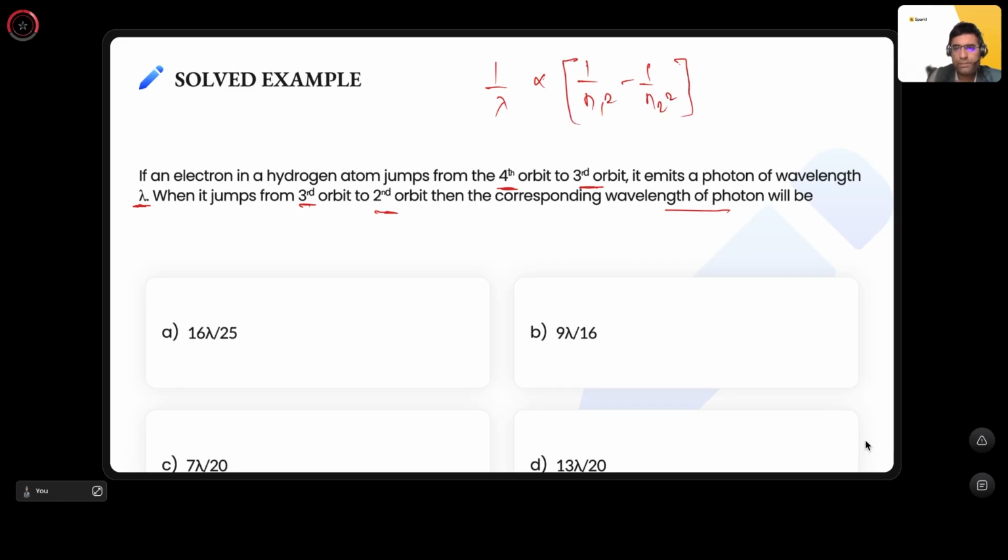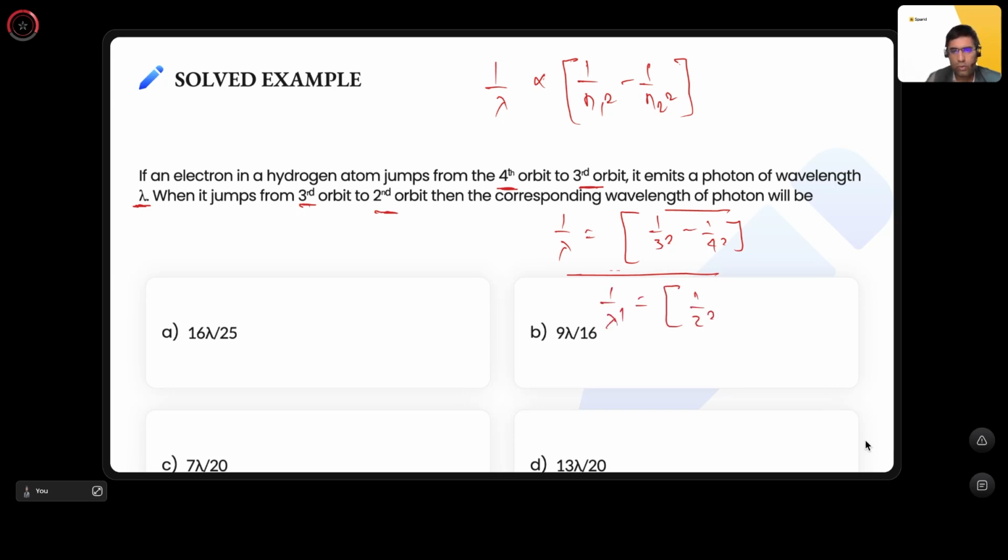Let's put in the values. So 1 upon lambda will be equal to, for the jump from the fourth orbit to the third orbit, 1 upon 3 square minus 1 upon 4 square, and 1 upon lambda dash will be for the third to the second orbit.